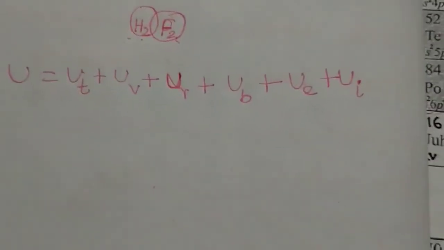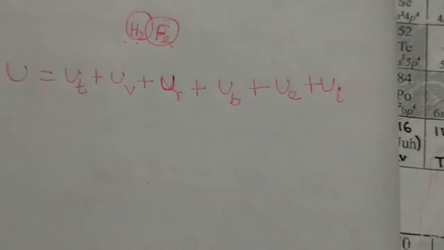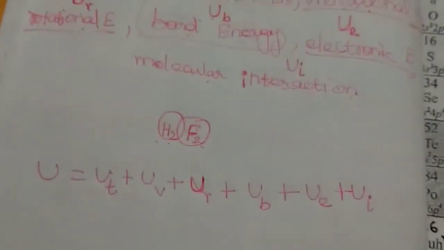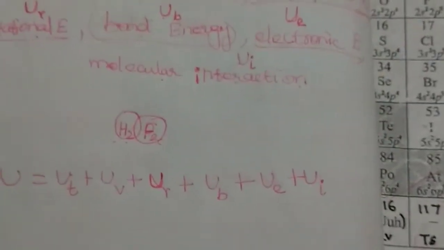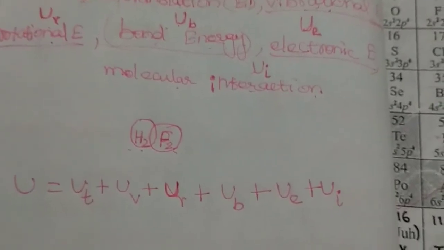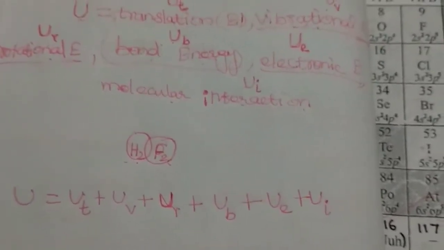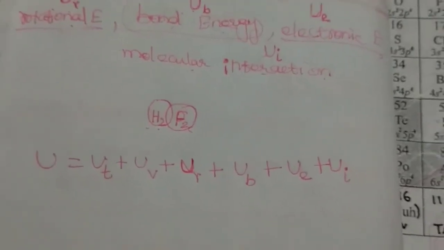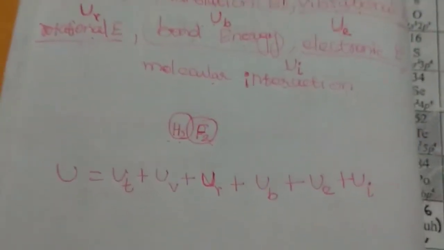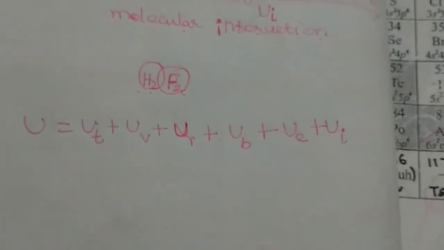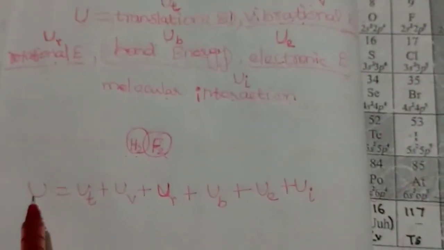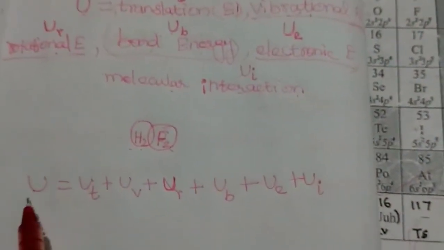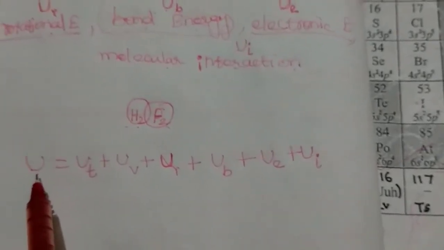So internal energy of a system is equal to the energy possessed by all the constituents of the system. That means the atoms or ions or molecules, anything in the system, all the energy it is participating with, the total of all that energy is internal energy.